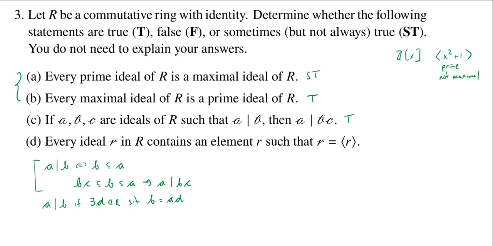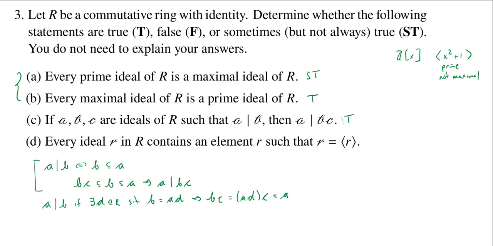We want the same thing for BC. If A is going to divide BC, then we would need that BC is equal to A times something. But if we know that B is equal to AD, that implies that BC is equal to AD times C. At this point, you would need to know that you had associativity of multiplication of ideals, which is a true statement.